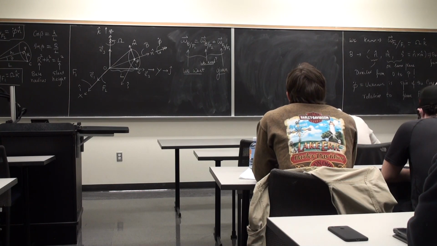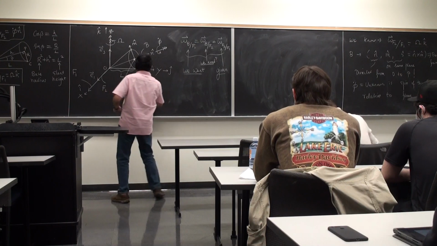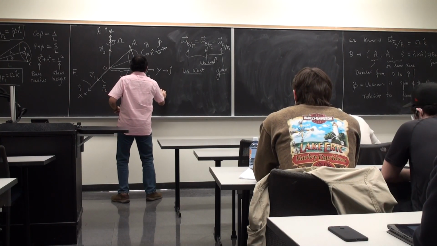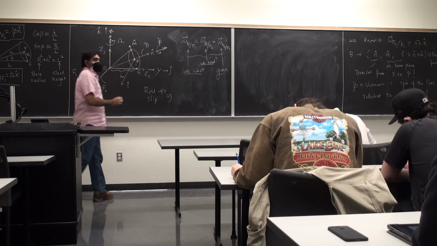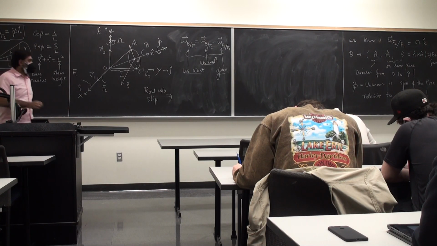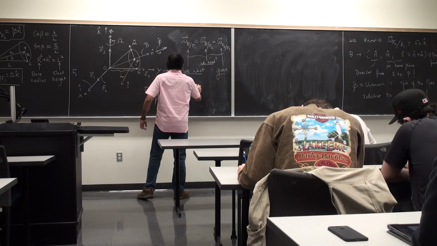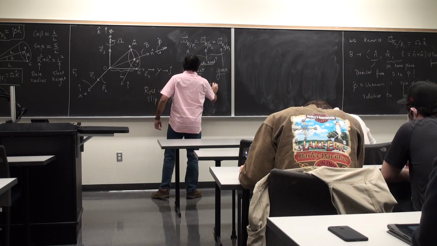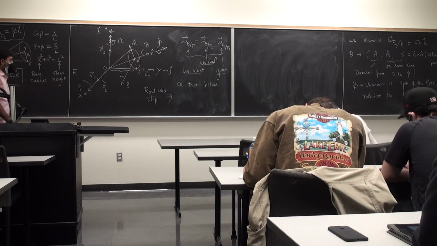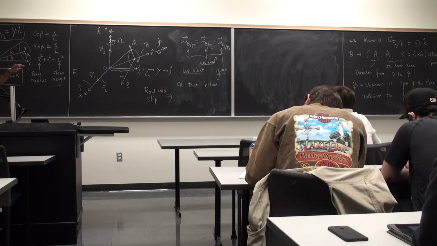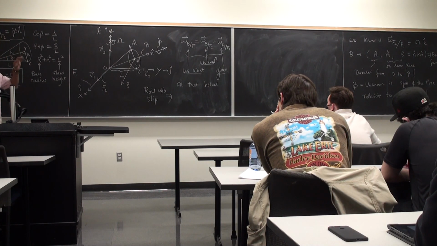The constraint of the problem is rolling without slip, which implies that at that instant the velocity of point C as seen by a stationary observer is going to be 0.